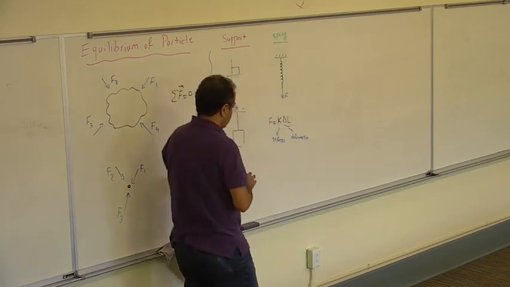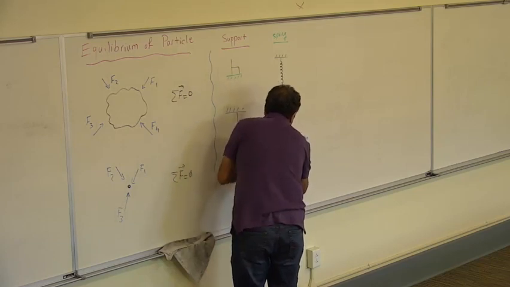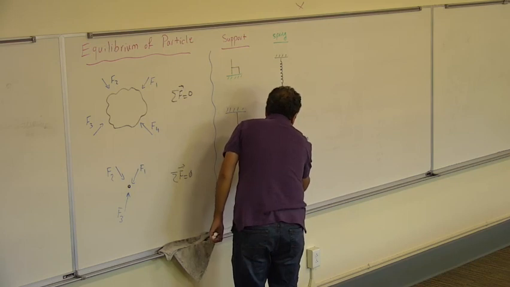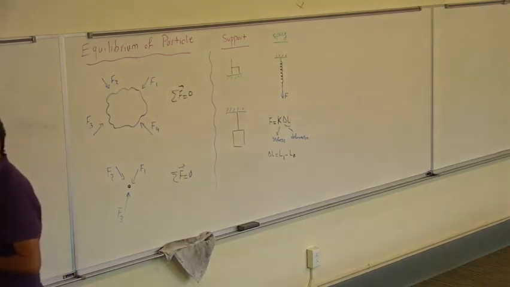So delta L would be the final length minus the initial length, how much it changed.